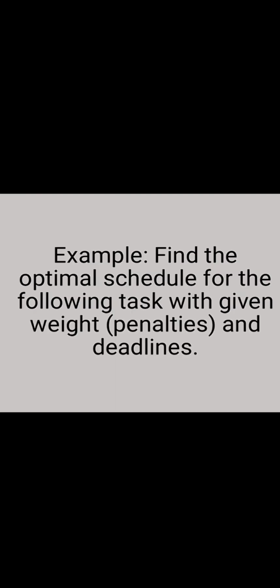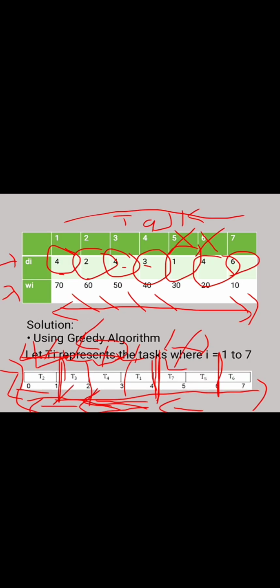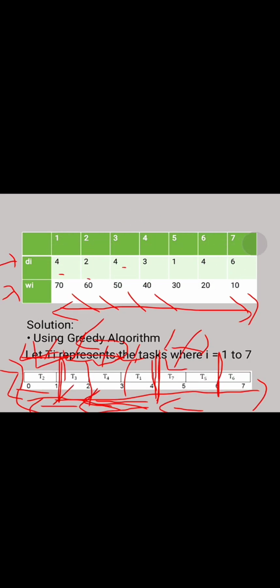Okay, so we will learn some examples of task scheduling so that we can understand further about this topic. So example, find the optimal schedule for the following tasks with given weights or penalties and deadlines. Okay, so this is the given example.